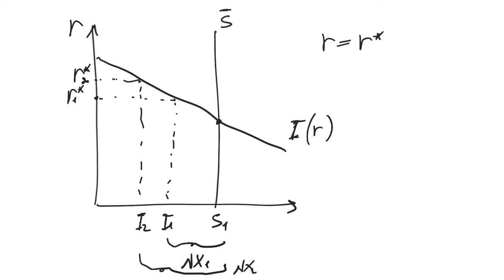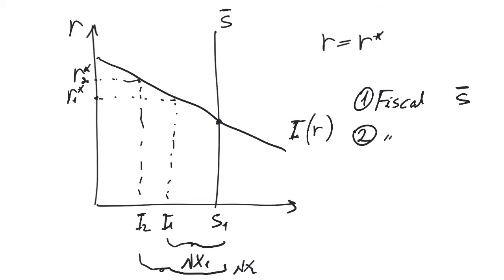And so in this framework, the fiscal policy at home will be to change S, mostly by increasing or decreasing the government expenditure.